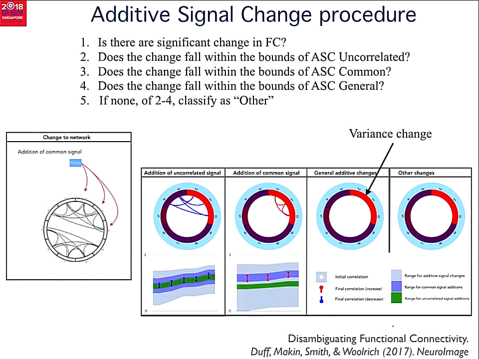We also define subclasses, like the purely uncorrelated signal, which is a subclass of the broad additive class. This means we can classify functional connectivity changes and determine whether or not they may be due to changes in amplitude.